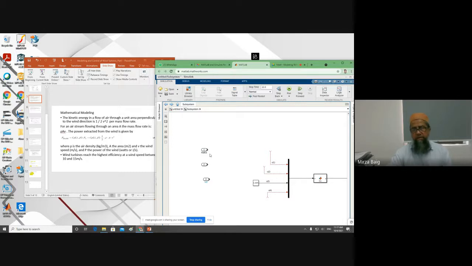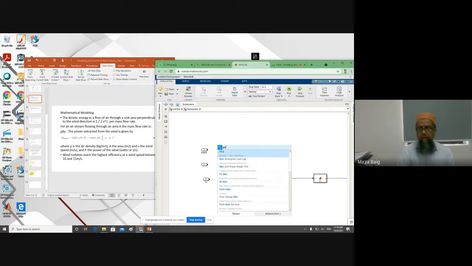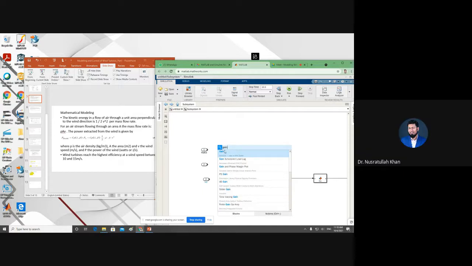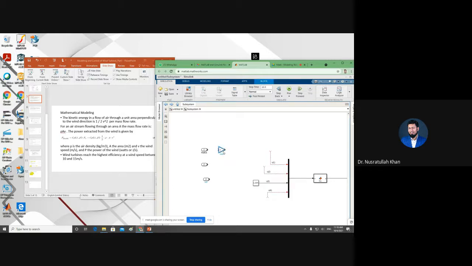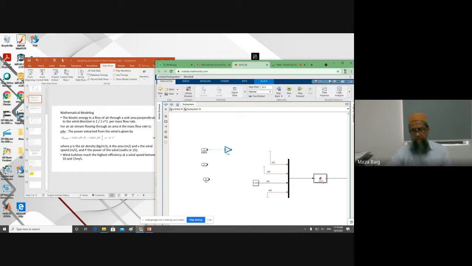Area is pi r squared. So we can have a gain here, and we can have a function here also.